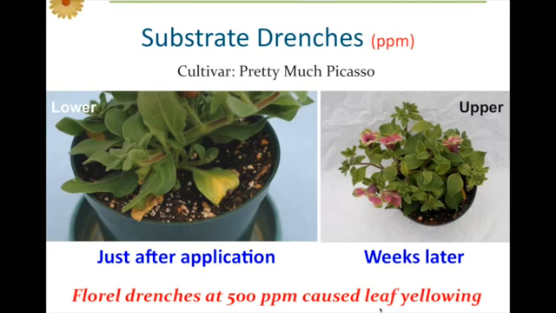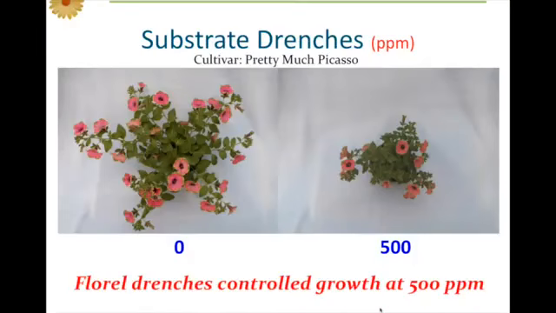If you get too high of a rate, you might get some lower leaf yellowing, like on the left, and you can have some upper leaf yellowing if it's a little too high. That was with 500 parts per million. We only really tried one rate initially, and that's a little much on the control side for this plant.